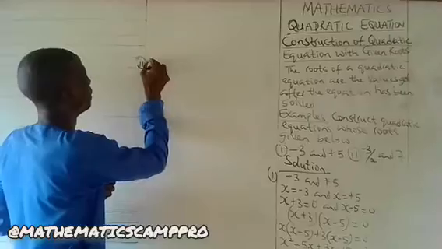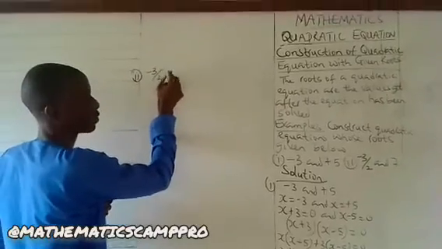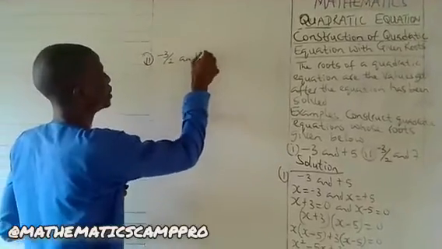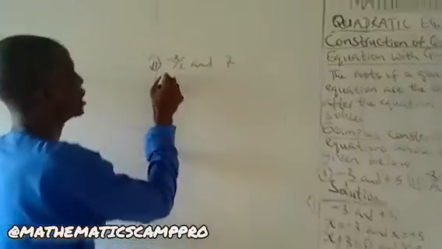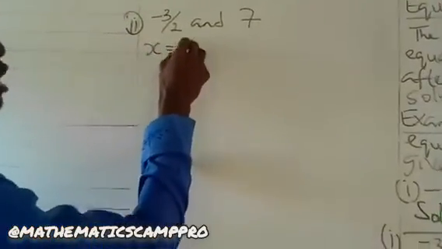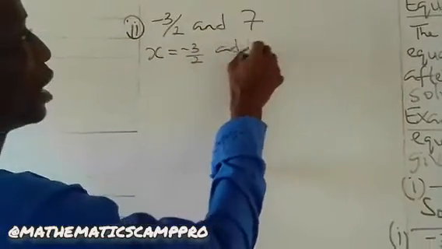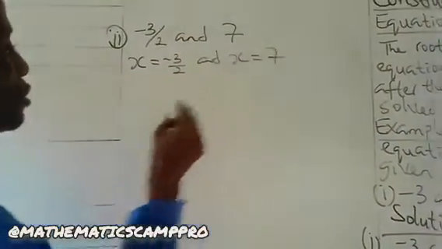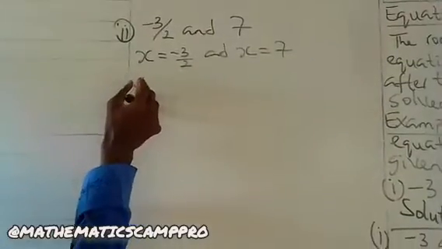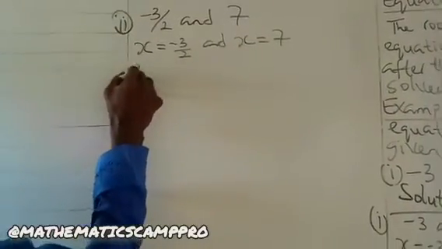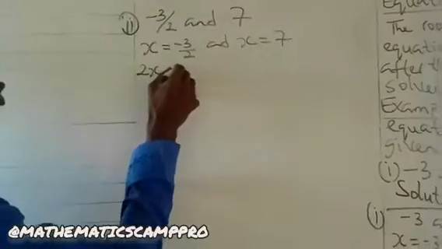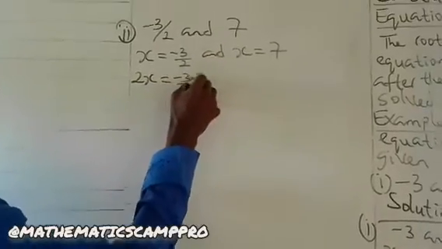We have minus 3 over 2 and 7. Now you simply say x equals minus 3 over 2 and x equals 7. Now you multiply by 2. That's going to be 2x equals minus 3 over 2 times 2.